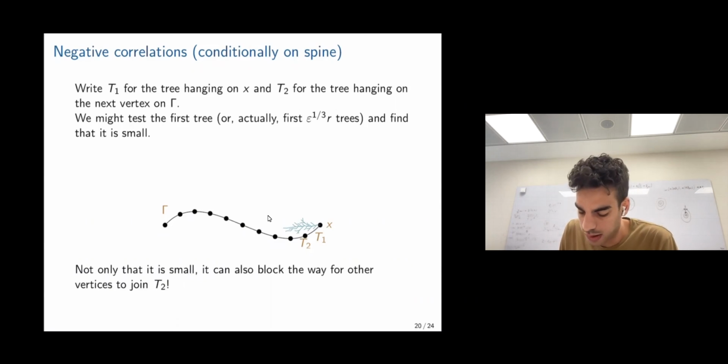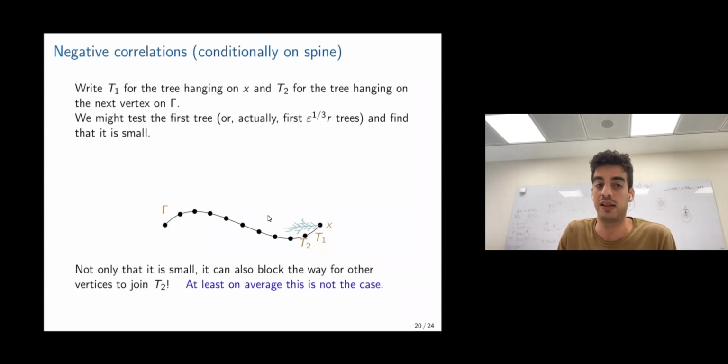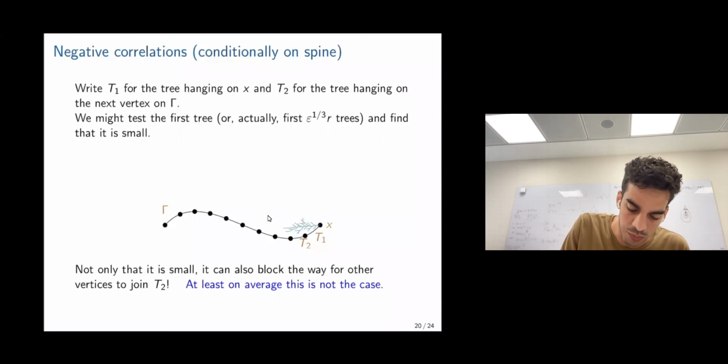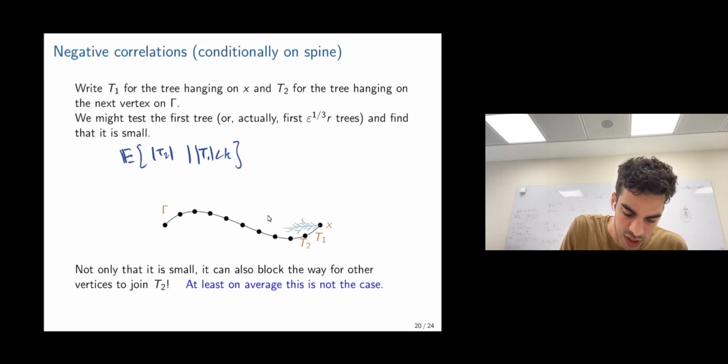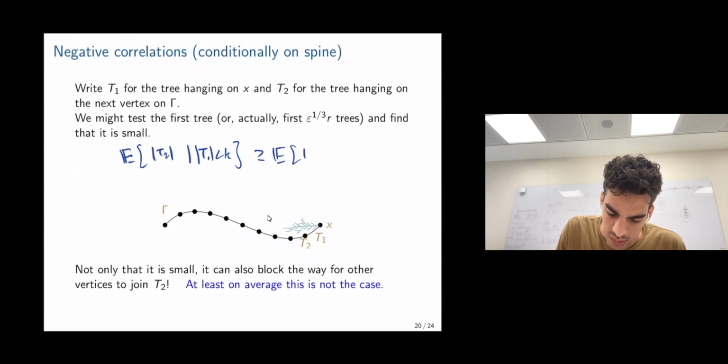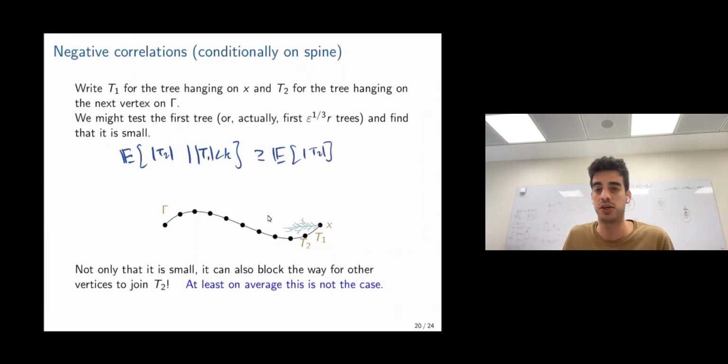But what's encouraging us is that at least on average, this is not the case. So what we would like to prove is that given that T1 is smaller than some k, the expected number of vertices we see on T2 can be only larger than what we expect to see without this conditioning.